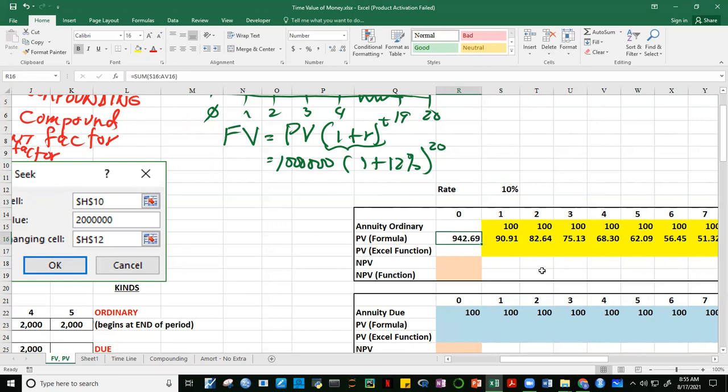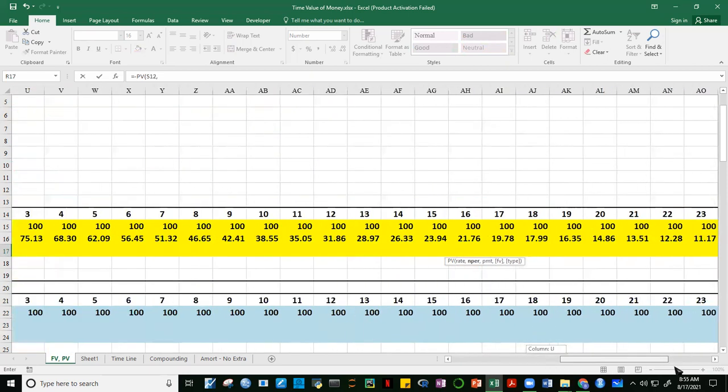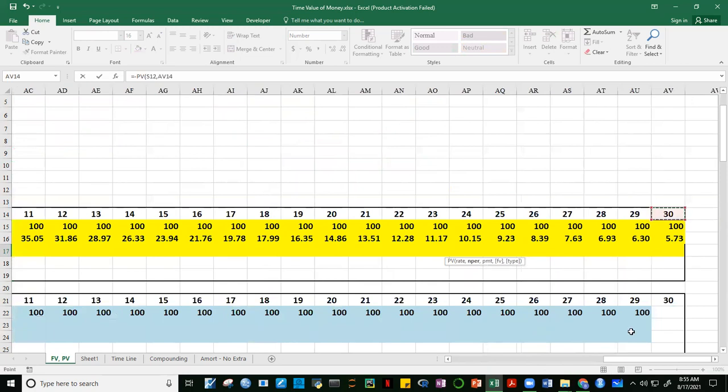Okay, let's use the PV function, Excel function. So that's negative PV. Okay, ano yung rate natin? 10%. Comma. And per natin, ito gagamitin natin sa annuity, guys. And per natin, we have 30 periods.